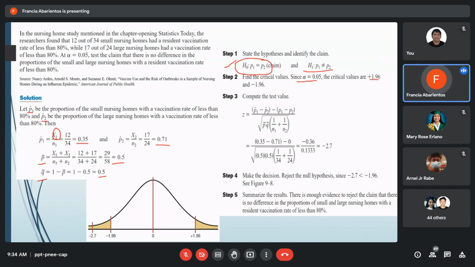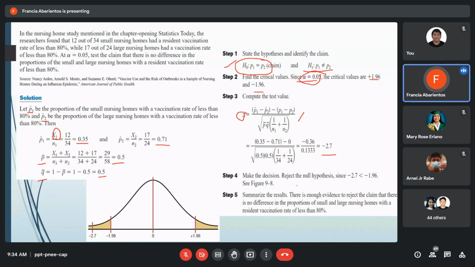Hindi ito nagbabago class. Yung critical value pag ang alpha is 0.05 when it comes to z-test. Since this is a proportion, ito yung gagamitin na formula natin, kasi given sa atin yung mga proportions class. So, we have the negative of that.